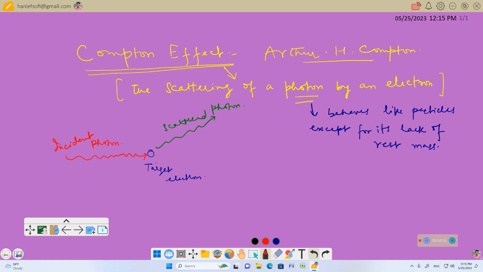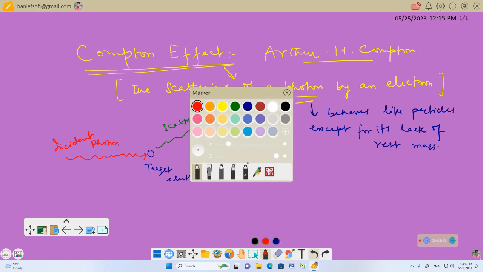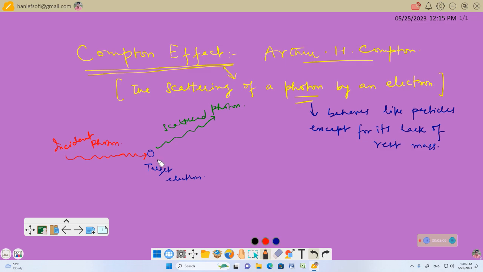In this process, this electron also gets scattered. Now, this electron also gets scattered.